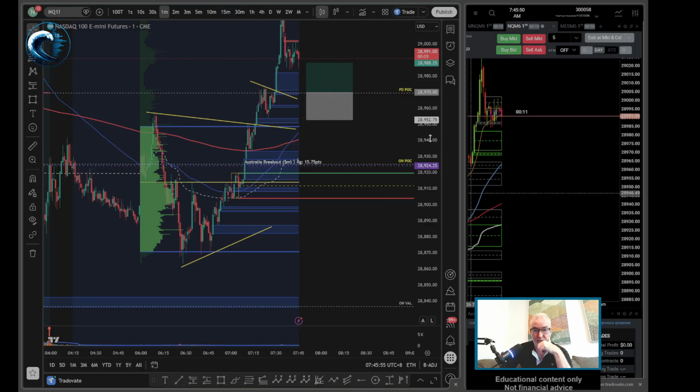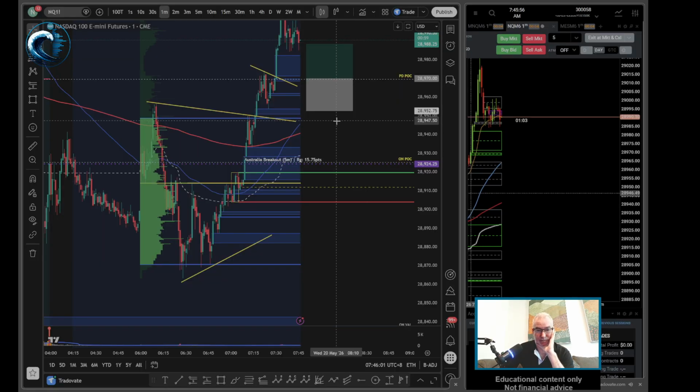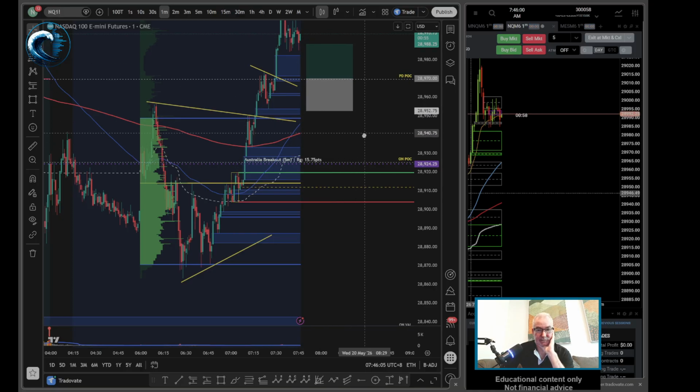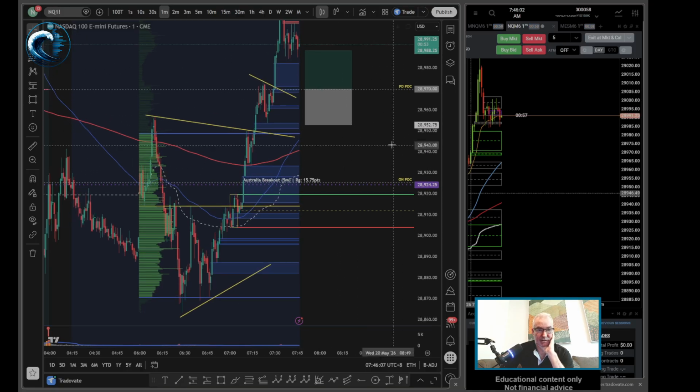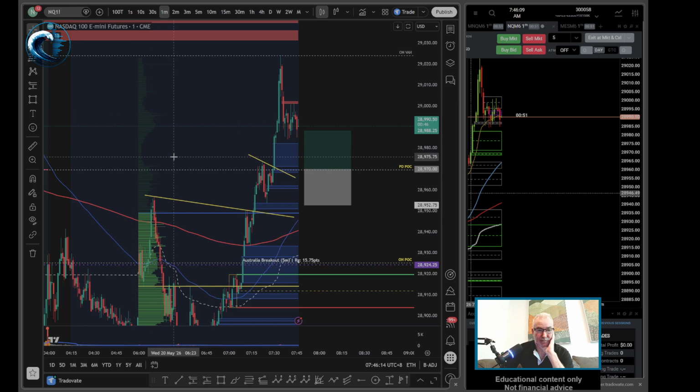In an ideal world, I want my stop loss under there, but there's not enough buffer. To be honest though, we are setting a bit of a level up here, a fair bit of volume up here. This POC, the session POC, and the value high is probably going to be moving up into this area anyway.